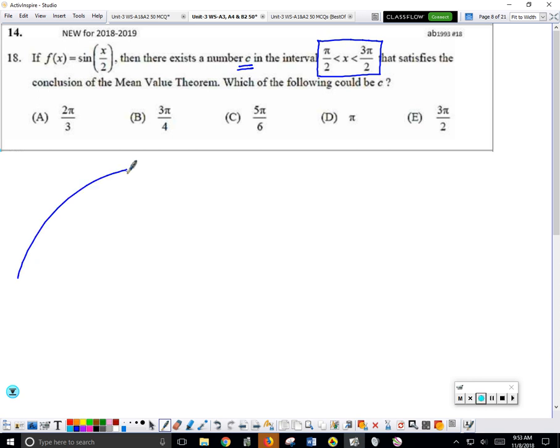The function we're looking at is from x equals pi over 2 to x equals 3 pi over 2. And somewhere in this interval, there's an x coordinate called c. We don't know where c is, but somewhere in the middle, that's where c is. But you catch up in your notes.